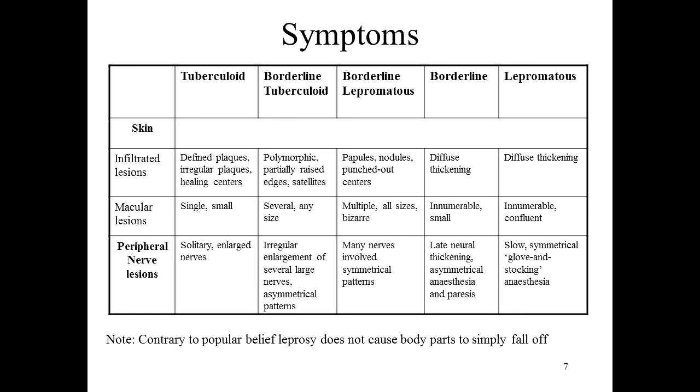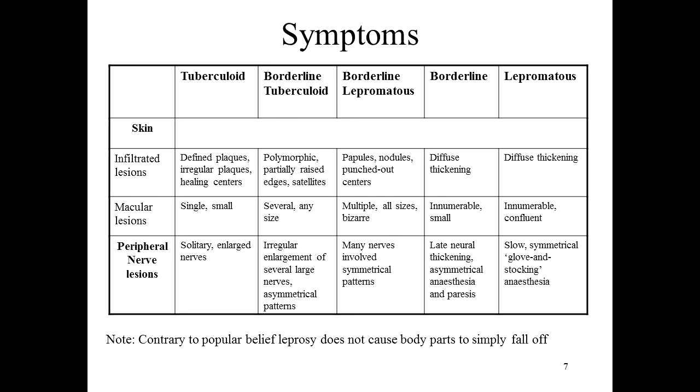For the borderline lepromatous, the infiltrated lesions are characterized by papules, nodules, and punched out centers. The macular lesions occur in multiple sizes, even bizarre sizes, and the larger macular lesions can be identified in borderline lepromatous.